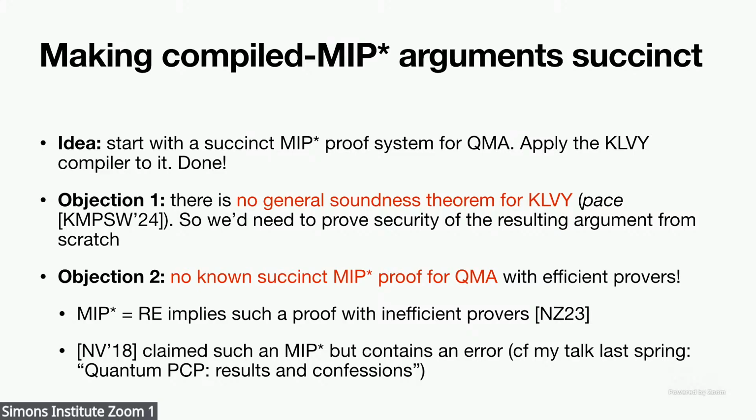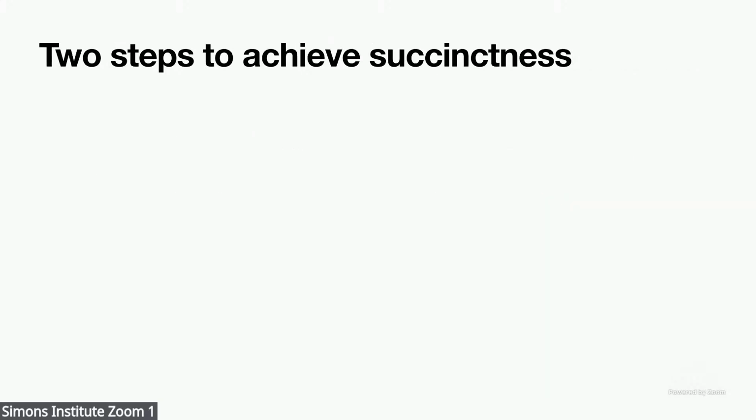So the message of this work is essentially that you can get around these obstacles. There is a way to construct a succinct interactive argument for QMA via compiling an MIP star and doing so in a sufficiently clever way.